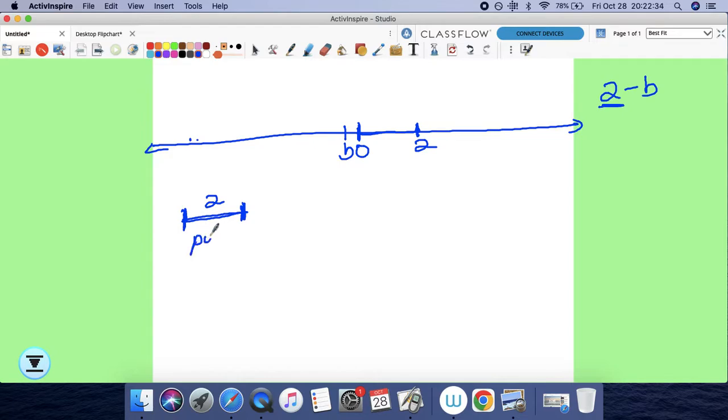And it's a positive number because it's to the right of 0. And then they're telling us that we want to subtract b. B is very tiny. And as of now, that b is negative. So b is a negative number of this size.